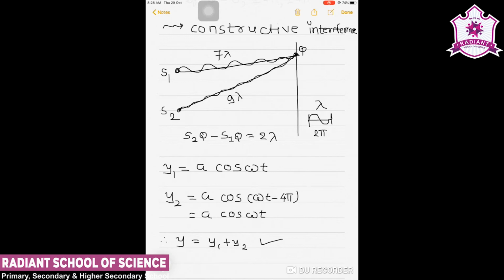In the above analysis, we have assumed that the distances S1Q and S2Q are much greater than the distance d. So here we have already considered that the distance d is very small, and that assumption is to be kept.